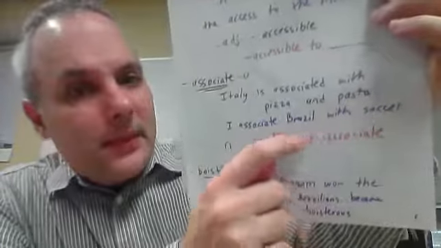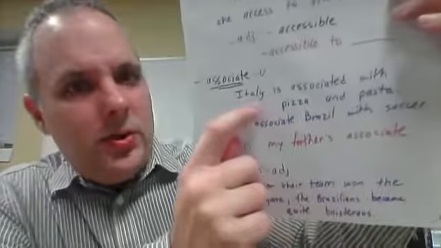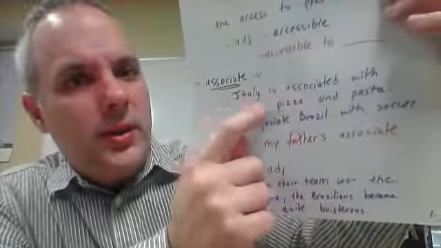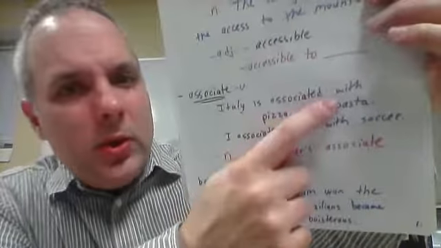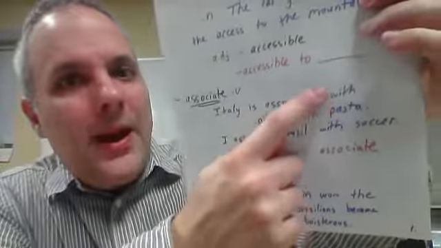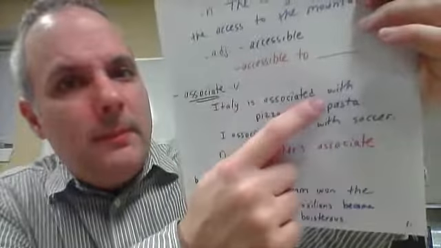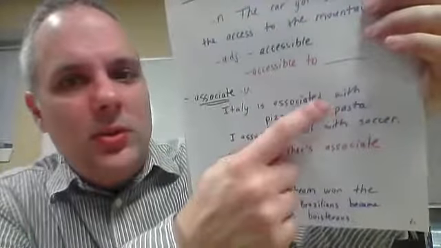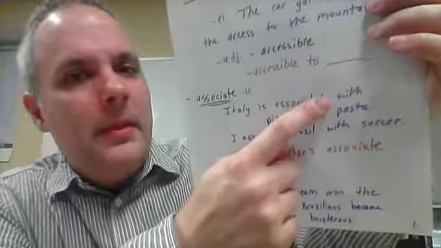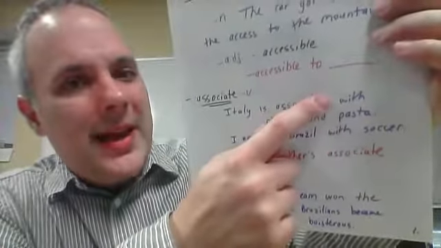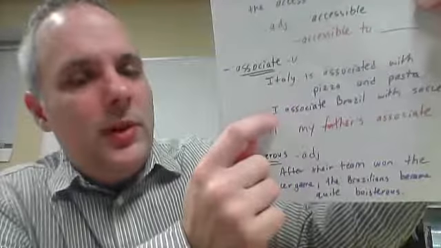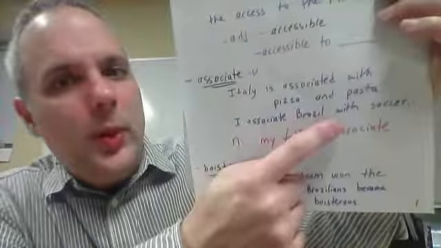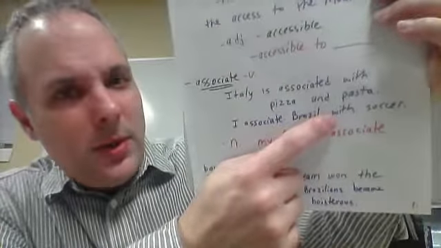Now, this usage is a little bit different. Here I put the two things that are associated. Italy is associated, and you can put a little thing in here. By who? Italy is associated by tourists with pizza and pasta. You don't need to put a person here. But if you want to put an active person in, then you put it at the start of the sentence, and you need the preposition with here.